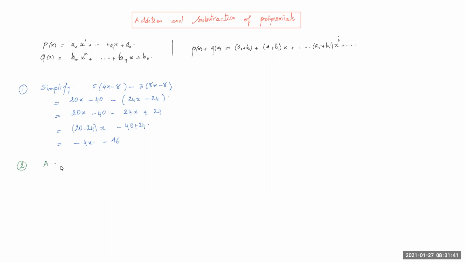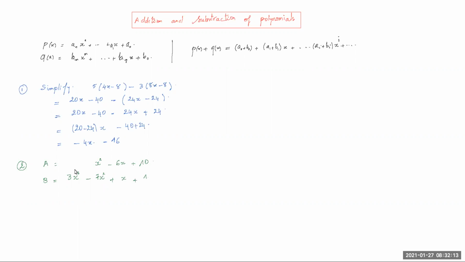It's x^2 minus 6x plus 10. You will see the analogy with numbers, how polynomials behave like numbers. And b is 3x^3 minus 7x^2, and then plus x, and then plus 1.